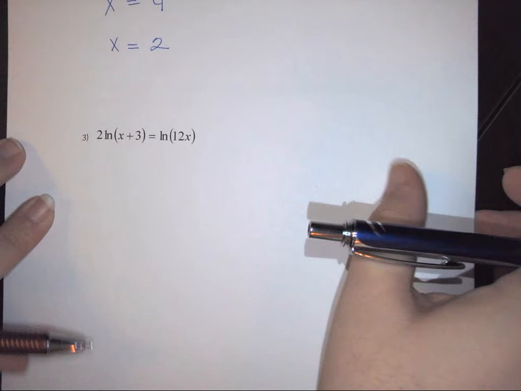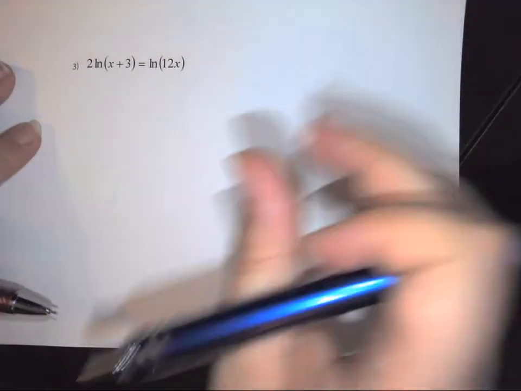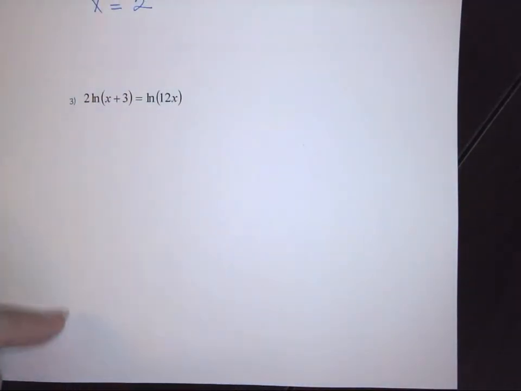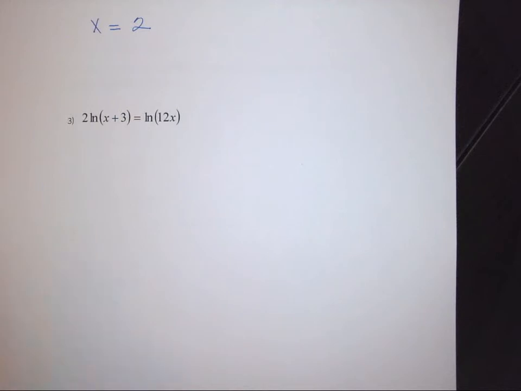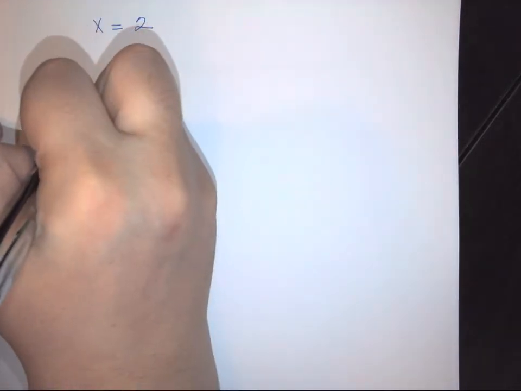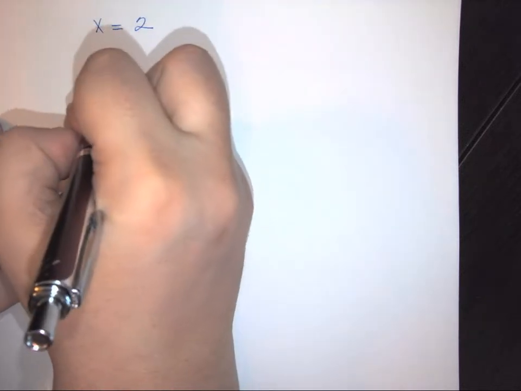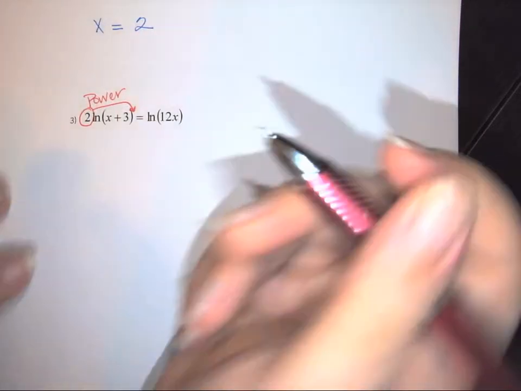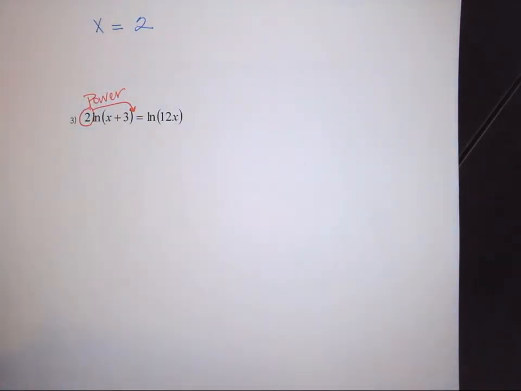Let's look at another one. Here I have 2 natural log of x plus 3, and then I have the natural log of 12x. So the first thing I have to look at is what can I condense. Well, right here off the bat, I have a power rule which says this needs to come and resume its power.